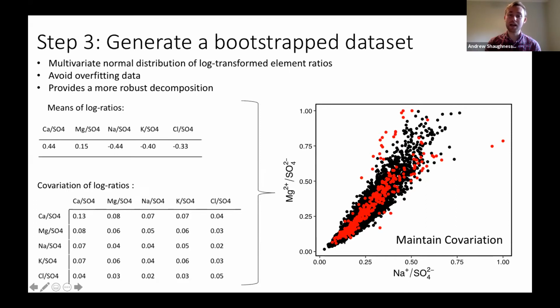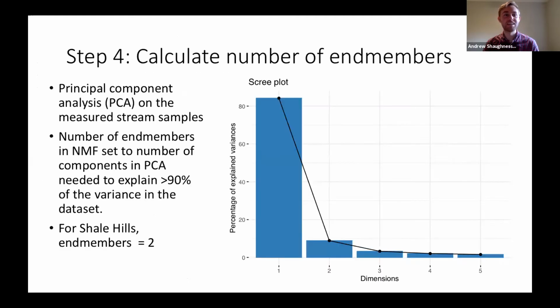Again, these black data points are our bootstrap data, and the red data points are the true stream chemistry that we've measured. Using this bootstrap technique, we reduce overfitting of the model, and that essentially provides a more robust decomposition. It also fills out the distribution in places where we might not have sampled the stream as much, again making a more robust decomposition when we step into the modeling phase.